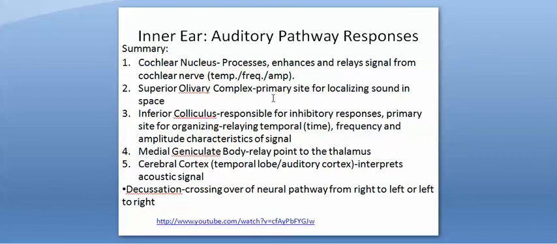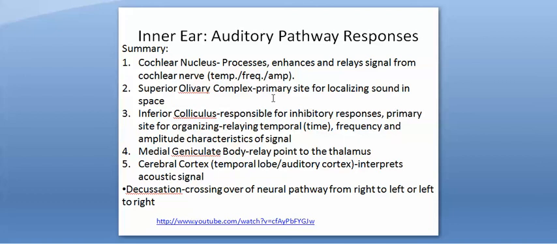The superior olivary complex gets information from both cochleae, which helps with localization of sound. Then the inferior colliculi is the first point of weeding out what's important and what's not and organizing the information. Before that, at the cochlear nucleus, it's being processed and enhanced, but no kind of thought or organization is occurring until we get to the inferior colliculi.